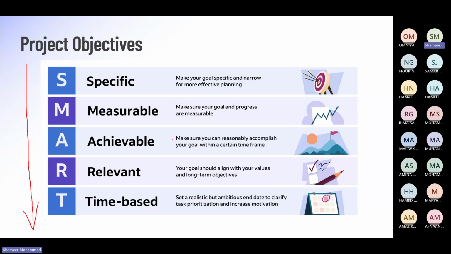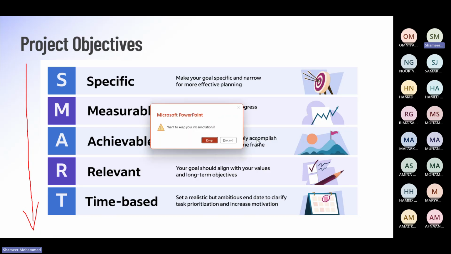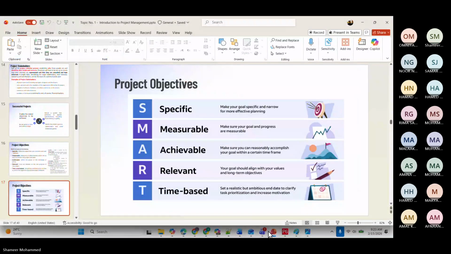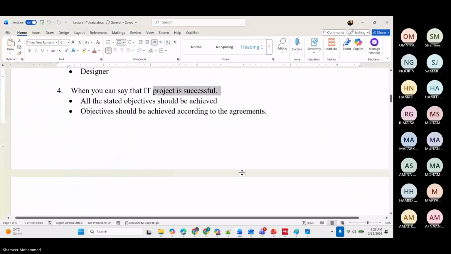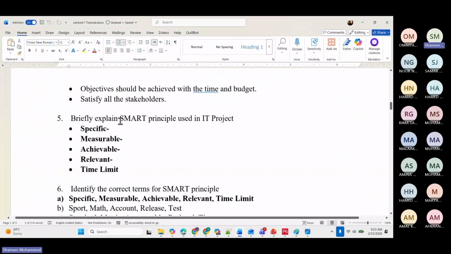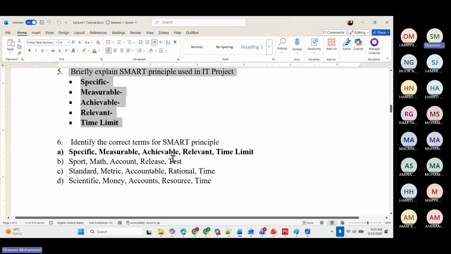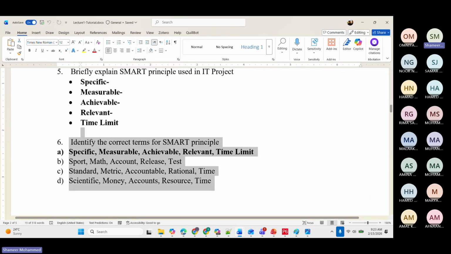Multiple choice also you may get. Also in the activity you may get this question. Like this, this is the short answer. This is the multiple choice question. See the type of question, students.